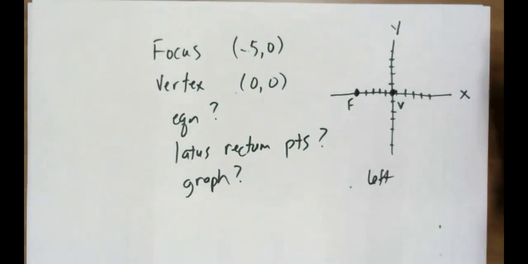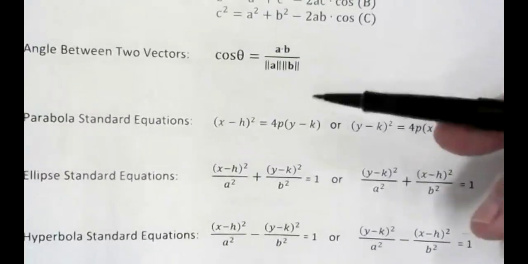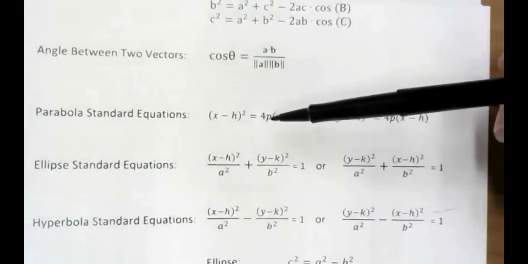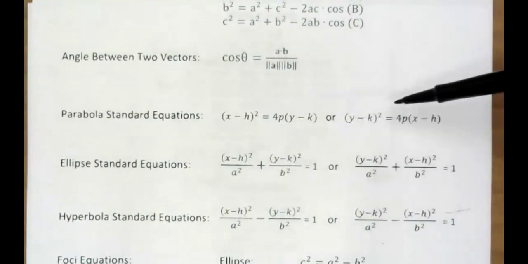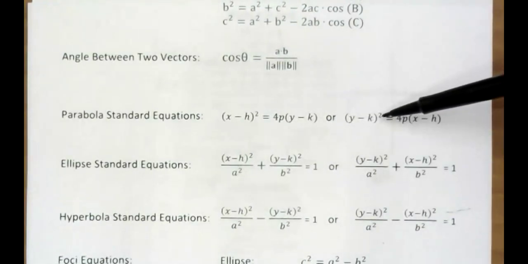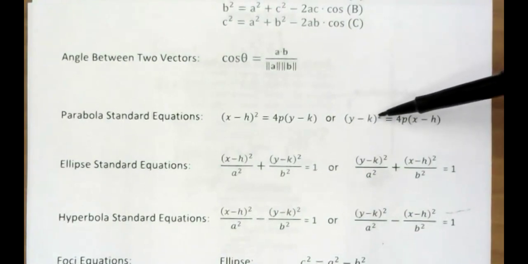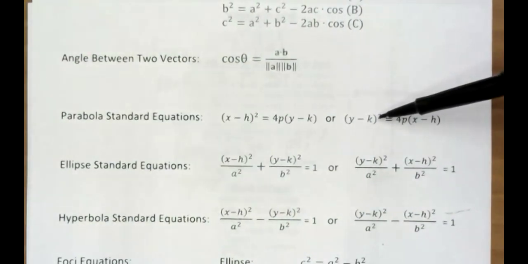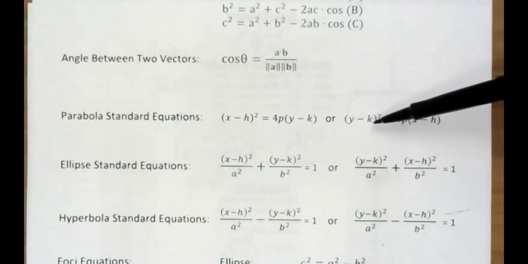And now you have your formula sheet. There are 2 possible equations for a parabola. And this you have to know. One of these is for left and right parabolas, and one's for up and down. The equation where the y is squared, and the x is not, is the left and right equation.